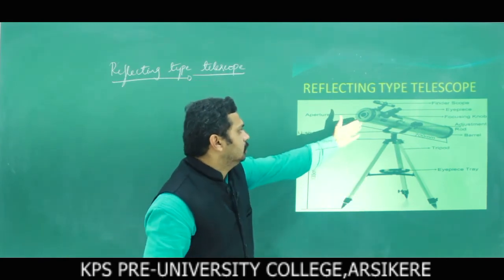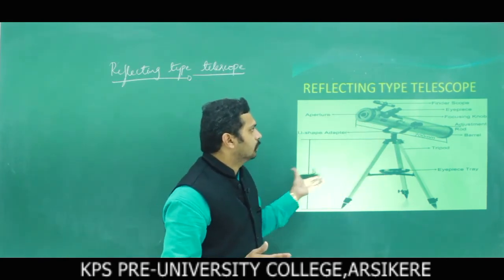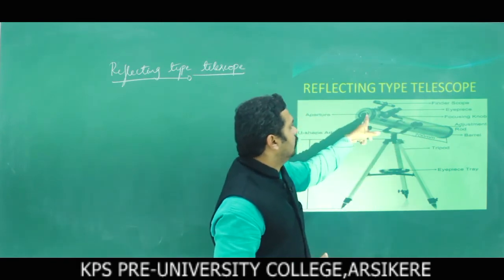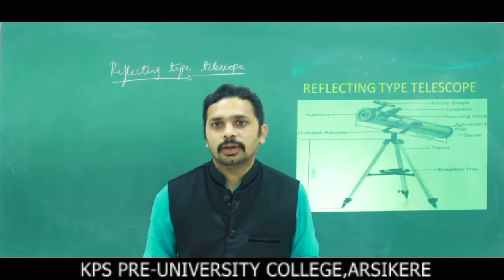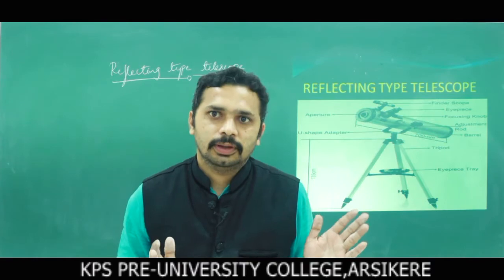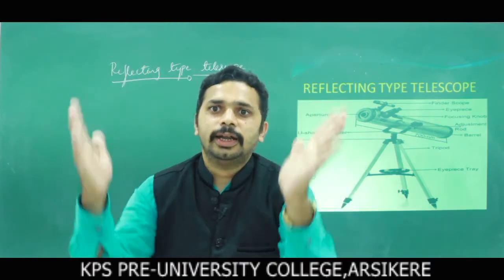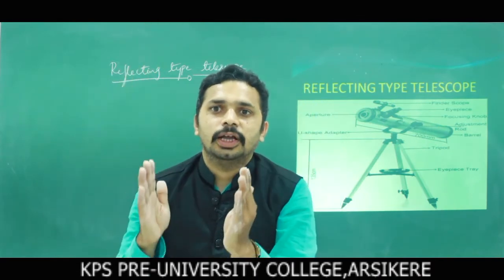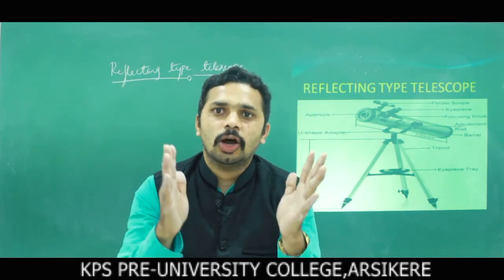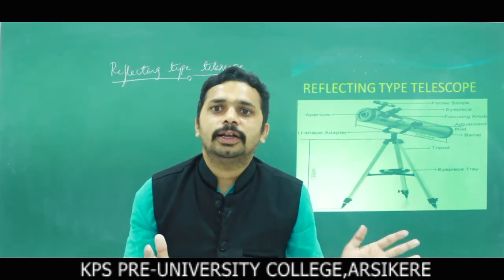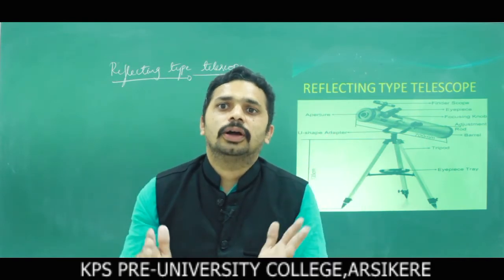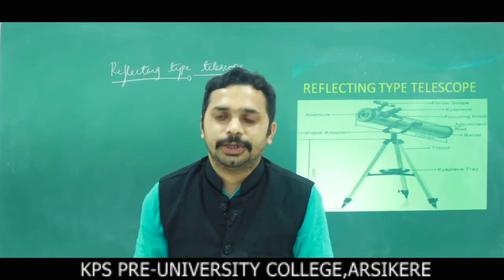Look here, this is the tube. In reflecting telescopes, we use mirrors, a large concave mirror. In a refracting telescope, a large converging convex lens acts as the objective lens, but in a reflecting telescope, the large concave mirror acts as the objective.